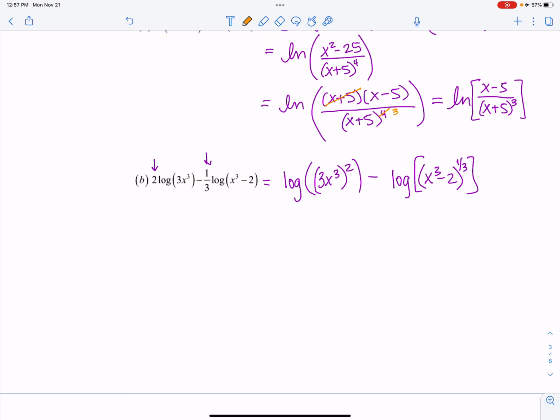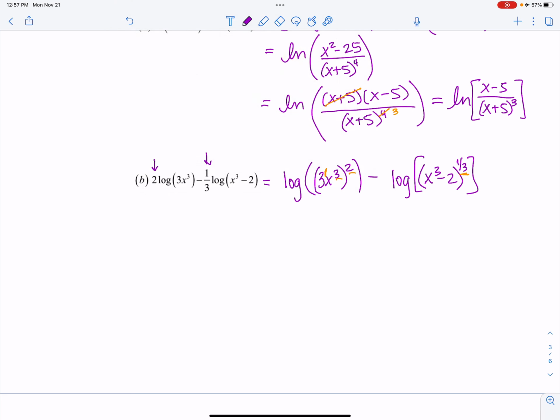So right before I do this, I'm going to simplify a little bit. Here we have a power: 3 to the 1 power, x to the 3rd power, all raised to the 2nd power. Our exponent rules tell us that's a power multiply now. And then over here, we have to the 1/3 power, and that tells me I'm going to be taking the cube root.